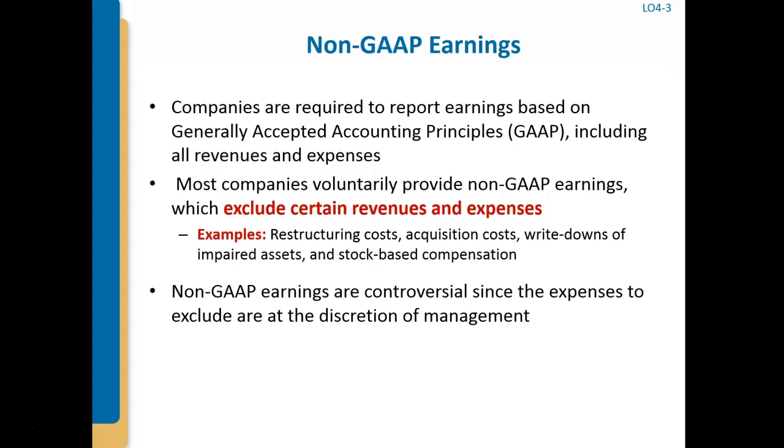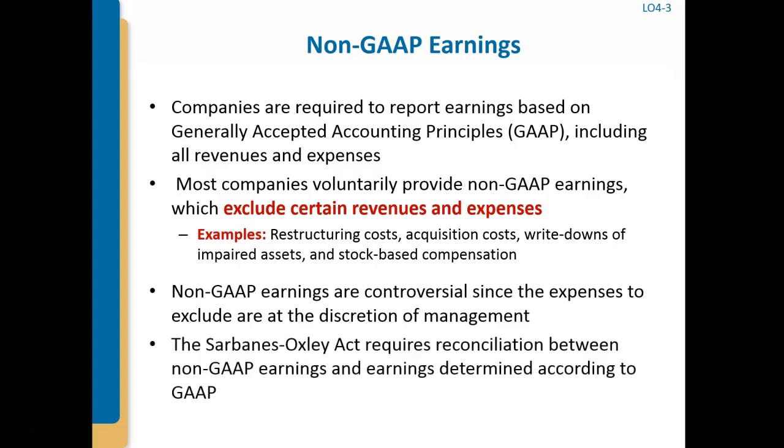Common expenses excluded are restructuring costs, acquisition costs, write-downs of impaired assets, and stock-based compensation. Now, non-GAAP earnings are management's view of permanent earnings, supposedly, in the sense of being a better long-run measure of its company's performance. Nearly all major companies report non-GAAP earnings.